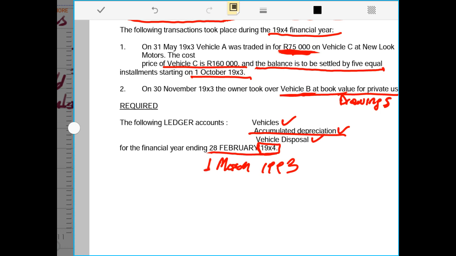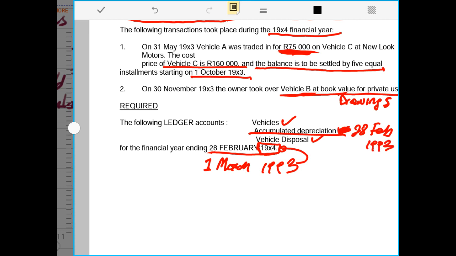So this year started on the 1st of March 1993 and ended on the 28th of February 1994. If we are looking for the opening balance of the accumulated depreciation, we need all the total depreciation until the 28th of February 1993.